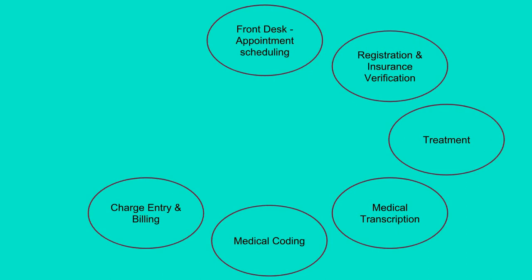The charge entry team and the billing team enter these codes into the provider's application and file the claims to the insurance company, either electronically or on paper. Once the claims are billed out, the insurance would either make the payment or deny the claim.